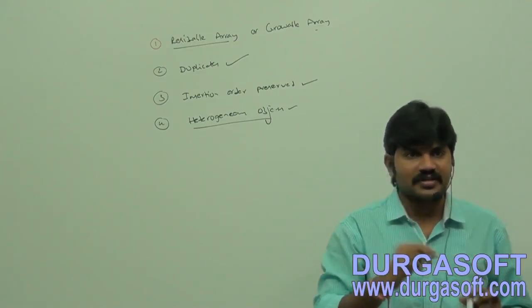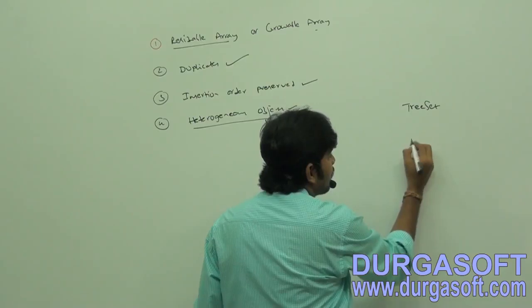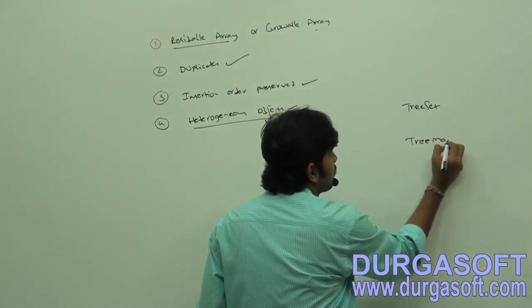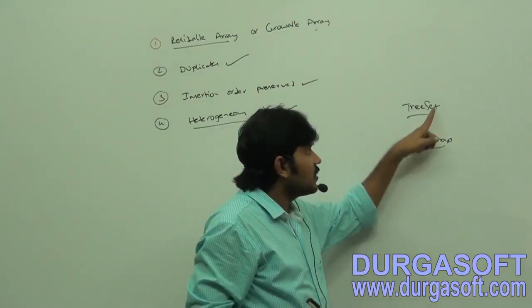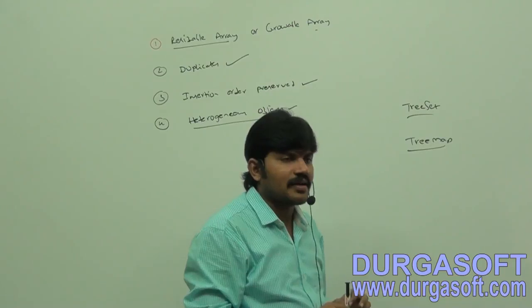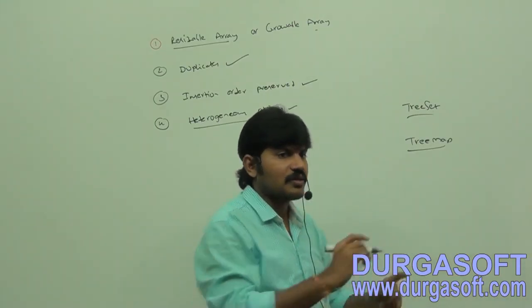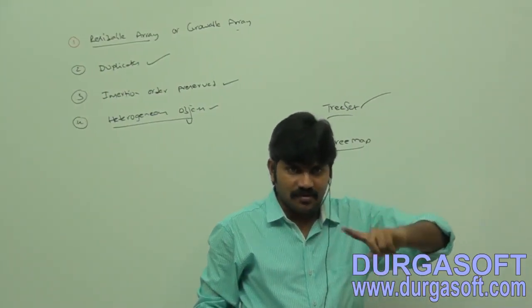Which two areas? First one, TreeSet. Second one, TreeMap. Why are heterogeneous objects not allowed here? Because in TreeSet, all objects should be inserted according to some sorting order, and sorting order means comparison must be required. Correct or not?